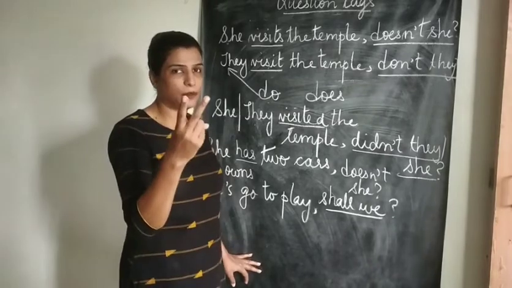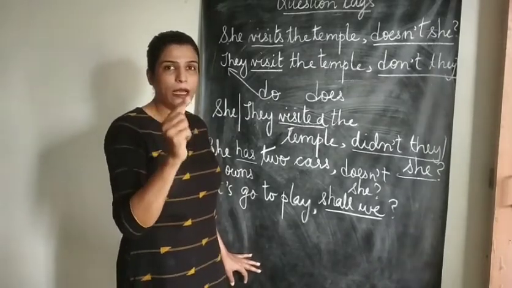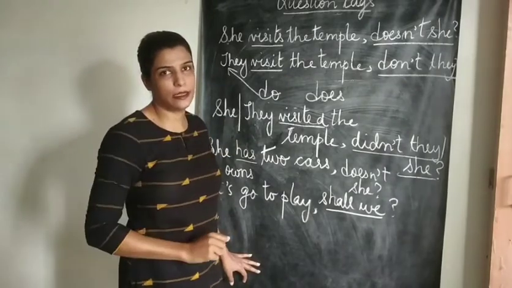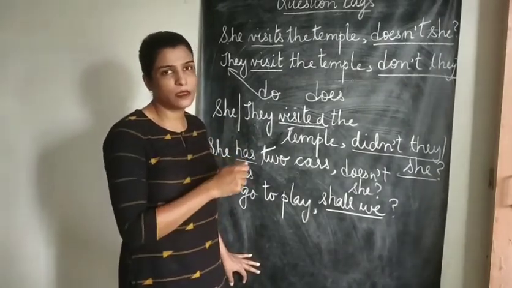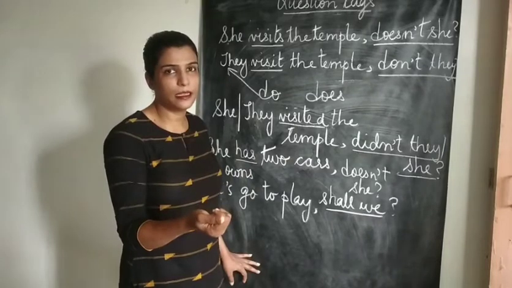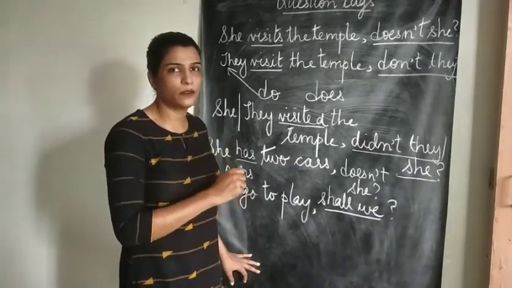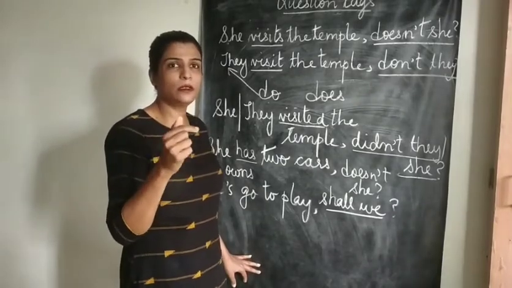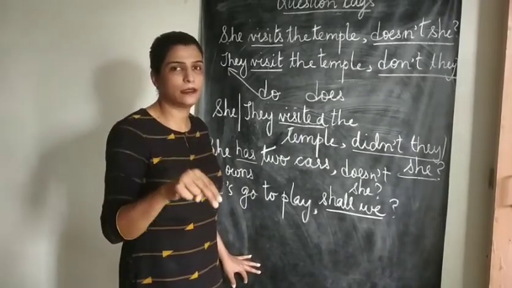You will be getting 2 types of exercises. One where the statement has been given and you have to just write the question tag. So you see whether the statement is positive, accordingly you write the negative question tag, or if the statement is negative, you write the positive question tag. The second would be, you will be told to write a sentence in 2 ways.